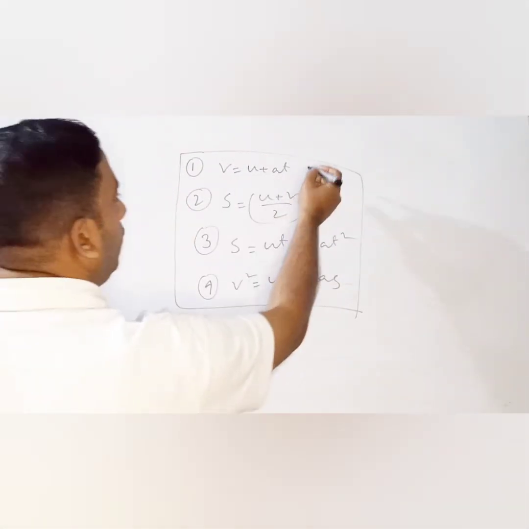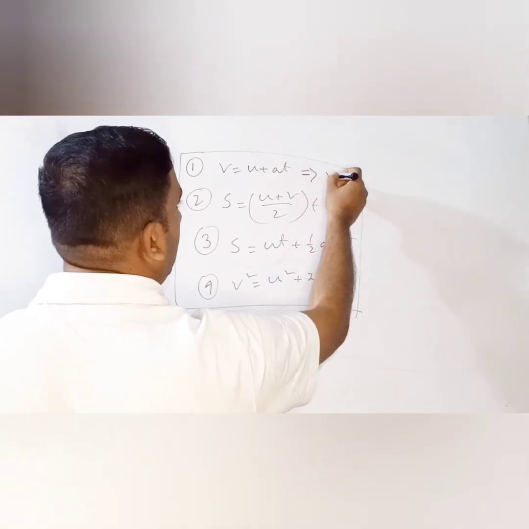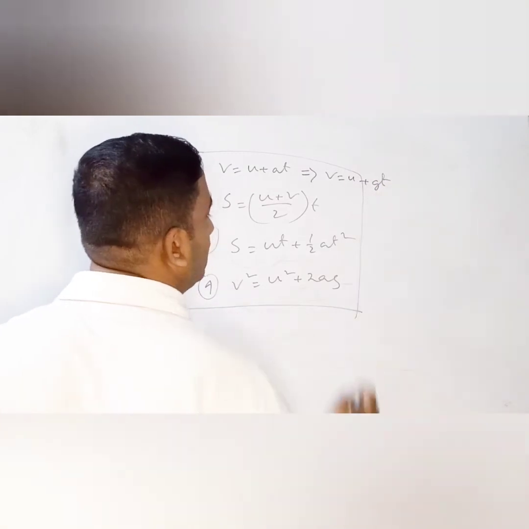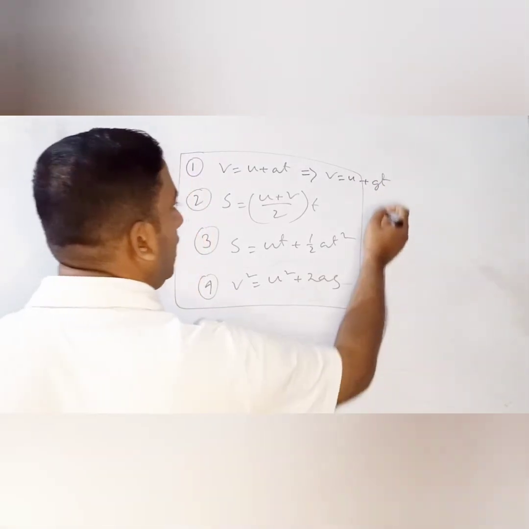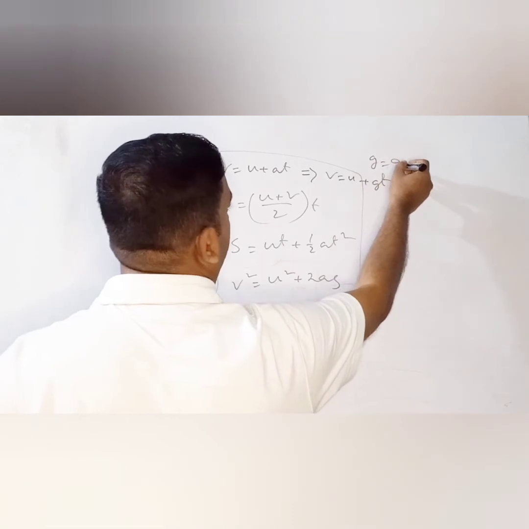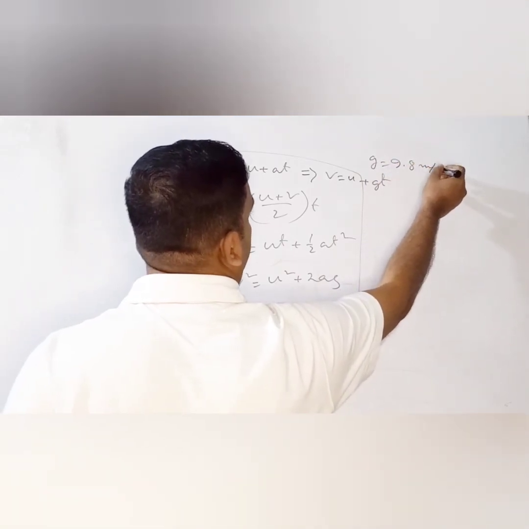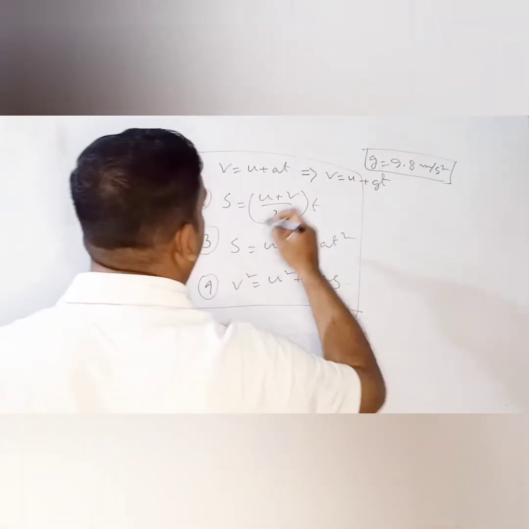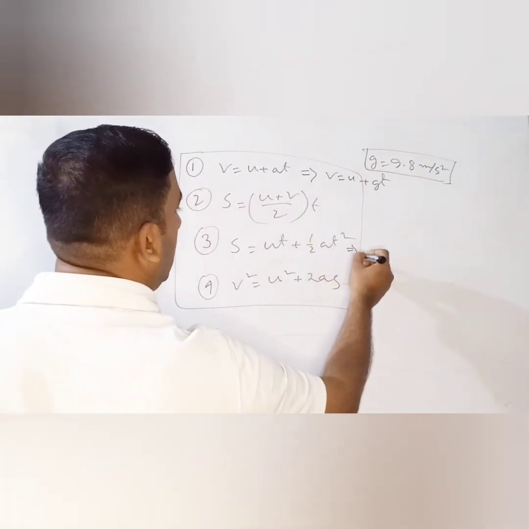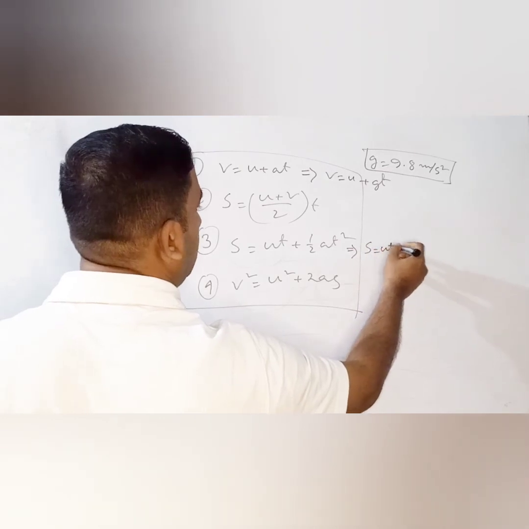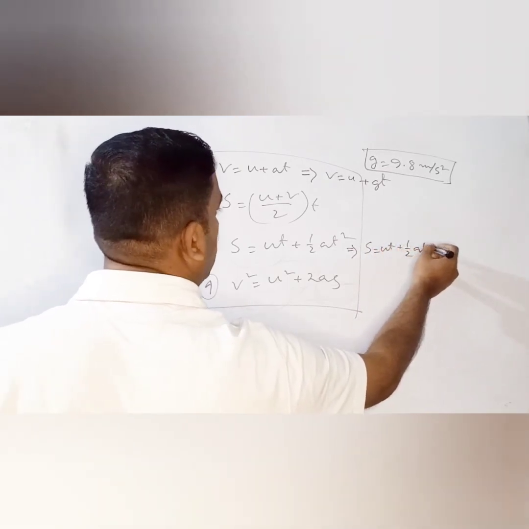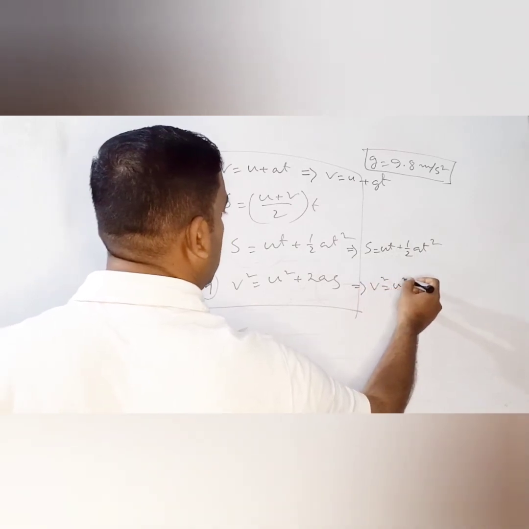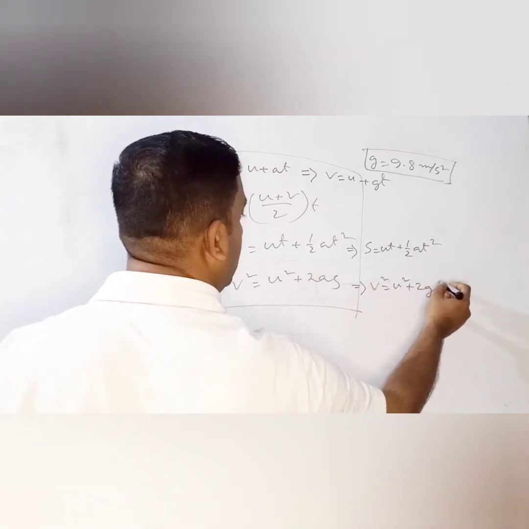Then this formula will be changed like that, v equals to u plus gt, where g is the acceleration due to gravity, whose value is 9.8 meter per second square. So you have to know that. And this formula will be s equals to ut plus half of gt square. And it will be v square equals to u square plus 2gh.